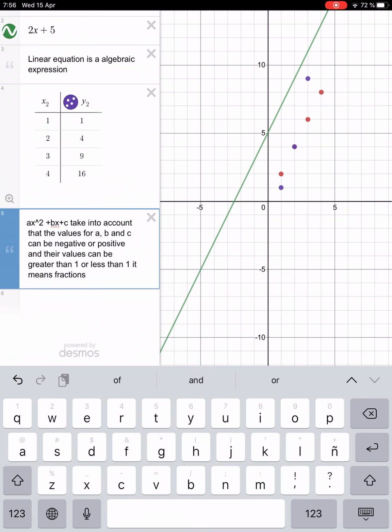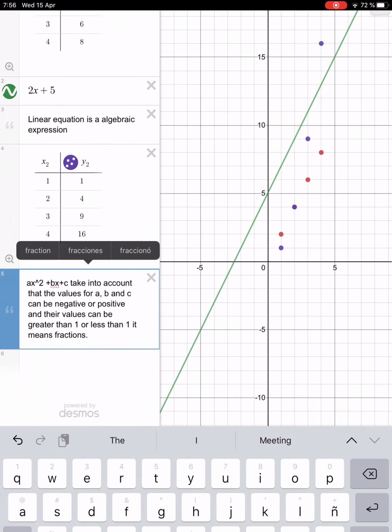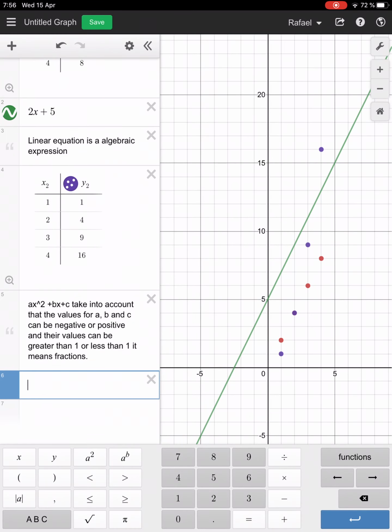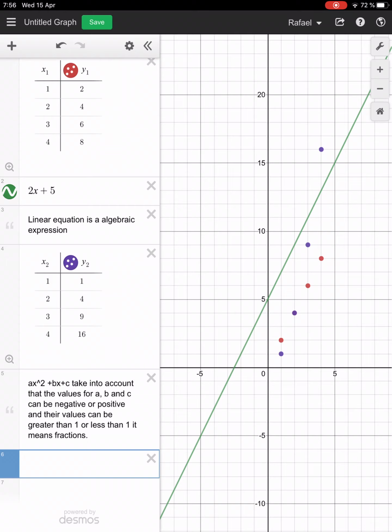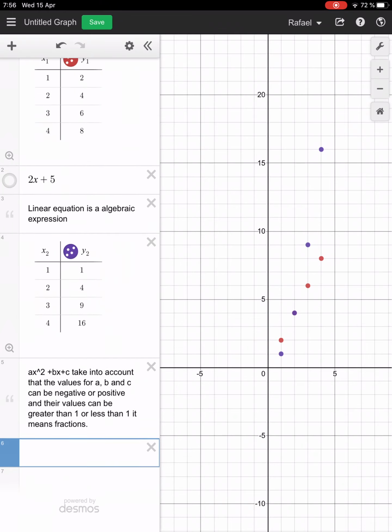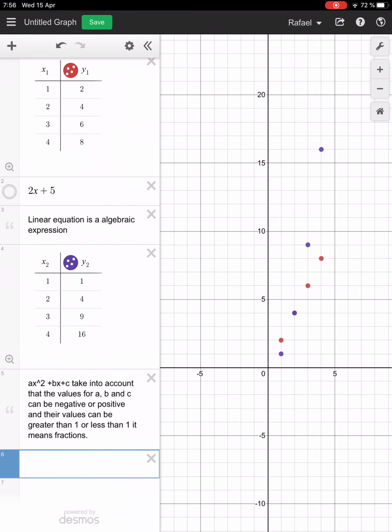Okay, we're going to explore how we can change different values for the quadratic formula. In this case, for example, we can type in different colors in the table, and we can ignore the graph on your right.